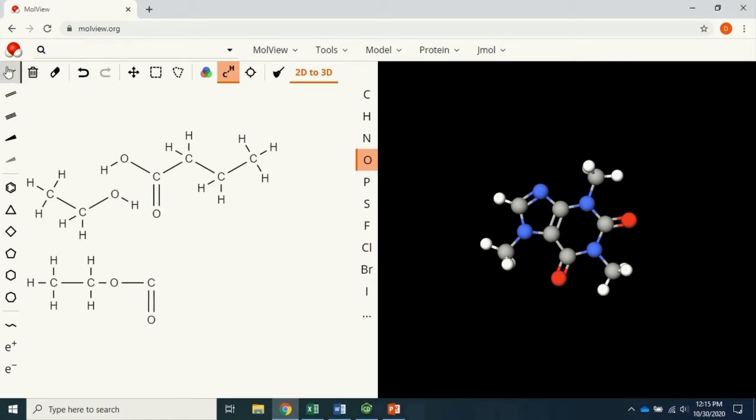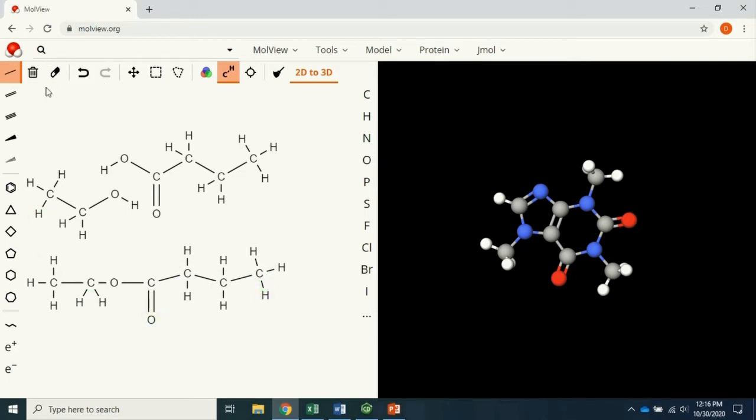Then we're going to add the other 3 remaining carbons: 1, 2, 3, and all we do is then click on that, and so we have your ethyl butanoate. So that's what the name is going to be, and I'm going to clean up this structure.